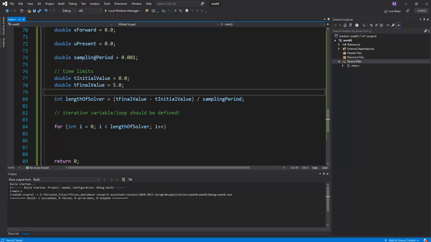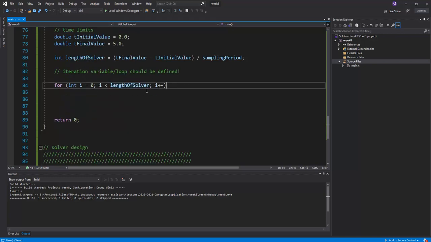And so this sampling period is equal to these things, and then the t final value minus t initial value is the total elapsed time on our algorithm. And so if we divide it by the sampling period, we create the number of the length of solver in this code. And so the total history is given with the range of this value.